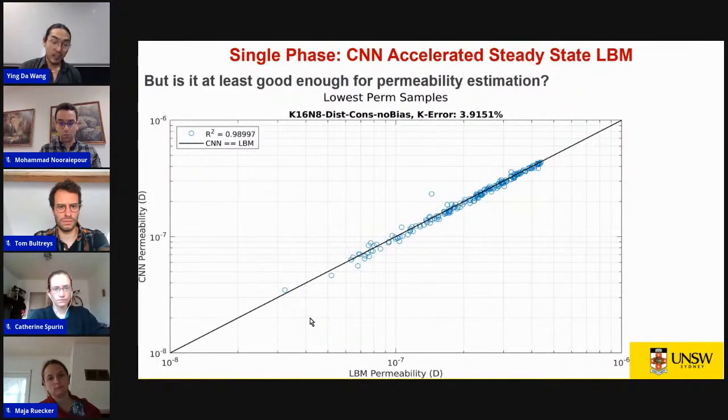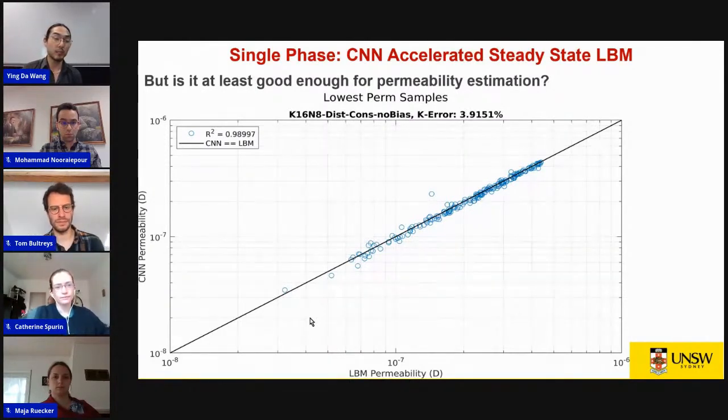But at the same time, much like Pore network models and Laplace methods, if you care about the permeability, then you actually get pretty good results. This is an example of some relatively low permeability samples, and you get an R-squared value very similar to what you might get in Pore network modeling, Laplace methods, or regression using a CNN, just predicting the permeability instead of trying to predict the velocity field.